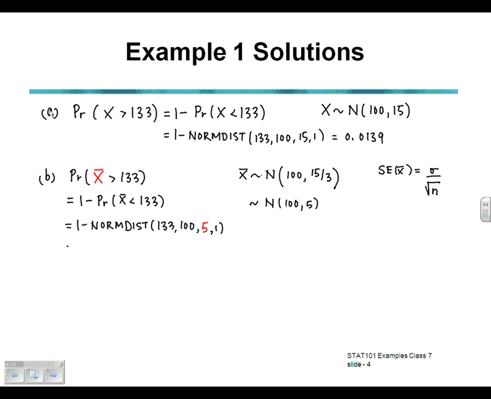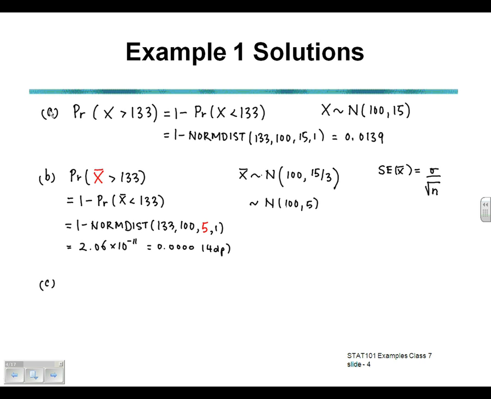This gives us 2.06 times 10 to the minus 11, a really, really small value, equals 0 to 4 decimal places, 0.0000. Practically 0. So it's very unlikely that the sample mean of those 9 people would be bigger than 133.